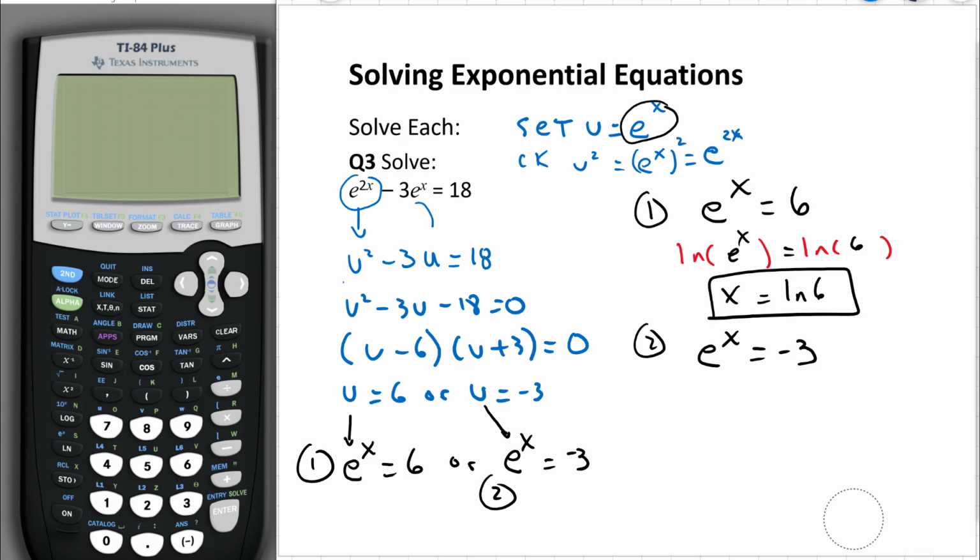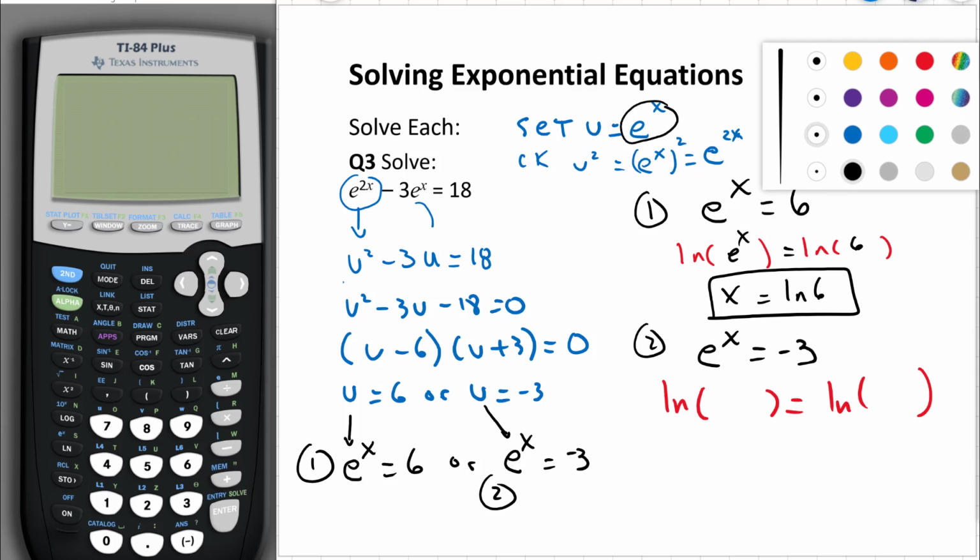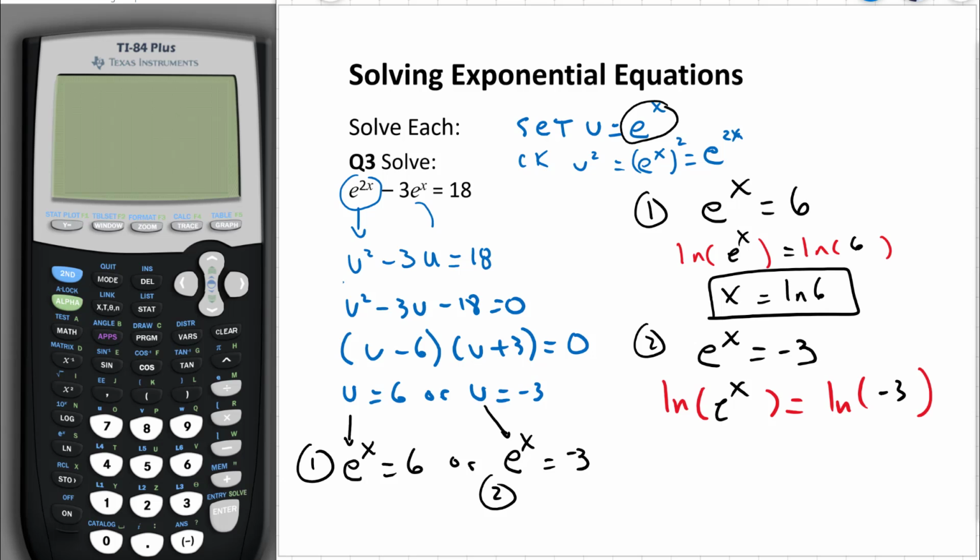Now that was kind of an intuitive discussion there. Algebraically, if we did it, we'd do like we've been doing the algebra all along. We do natural log, and we'd put in e to the x and -3. And this would simplify down to just x. And then we do the natural log of -3. Now you may remember the natural log has to have a domain that's positive.